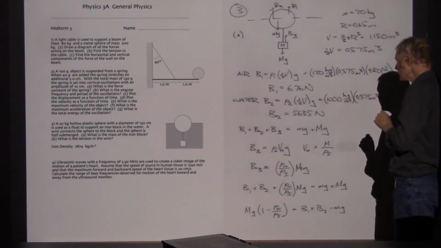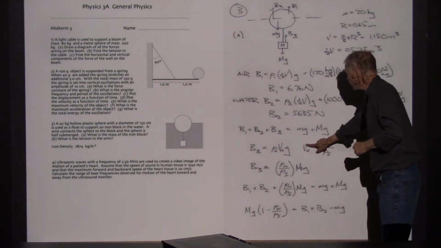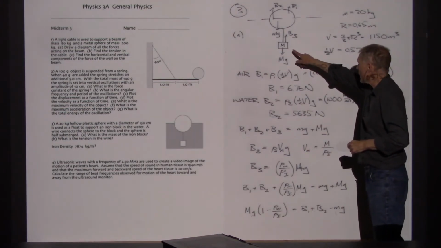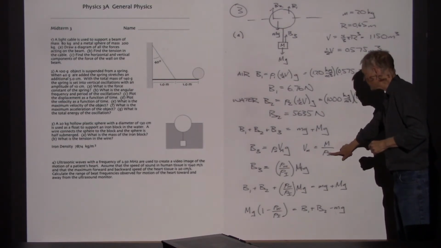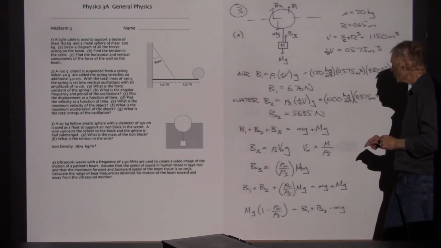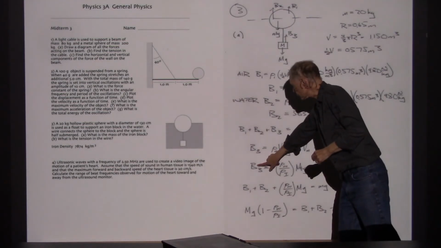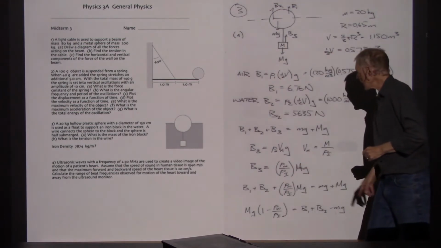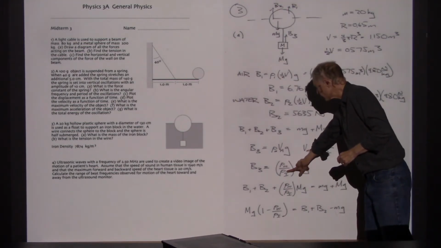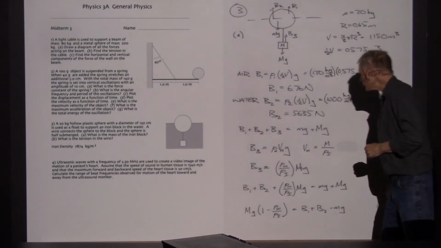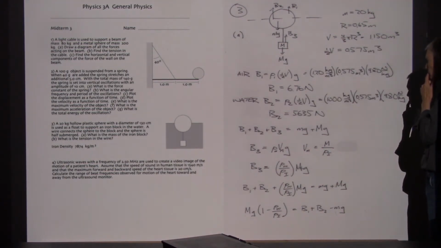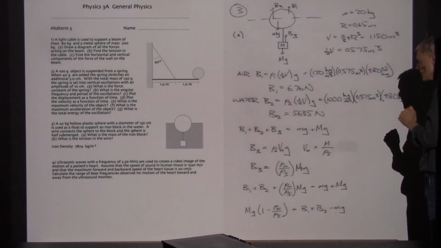Now I can write down a formula and say that the volume of block big M is given by the mass divided by the density of iron. So what that allows me to do is I can write the third buoyant force as density of water over density of iron times big M times g. Now, I don't know what big M is. That's what we're solving for.